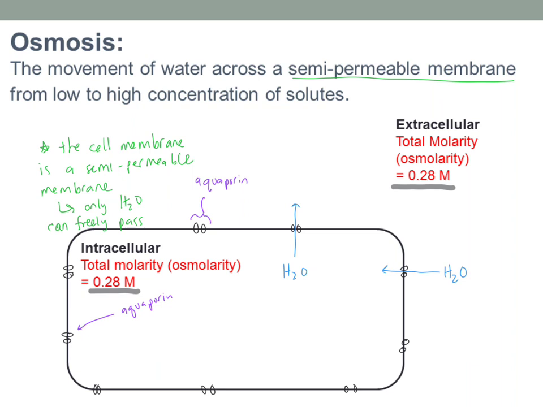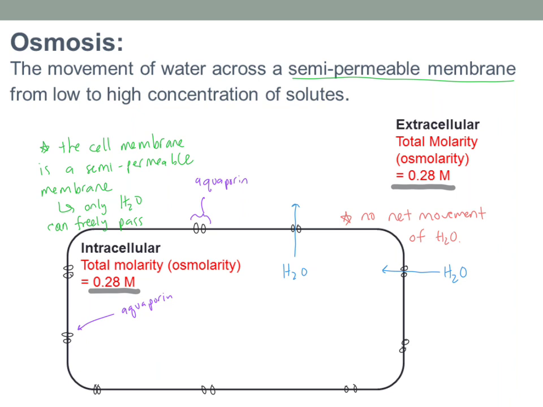If you have the same concentration inside the cell as outside the cell, you see no net movement of water. Because there's the same concentration inside and outside, osmosis is not occurring. Water's just moving in and out of the cell however it wants.